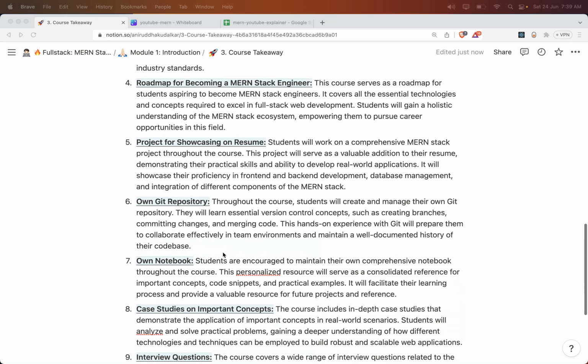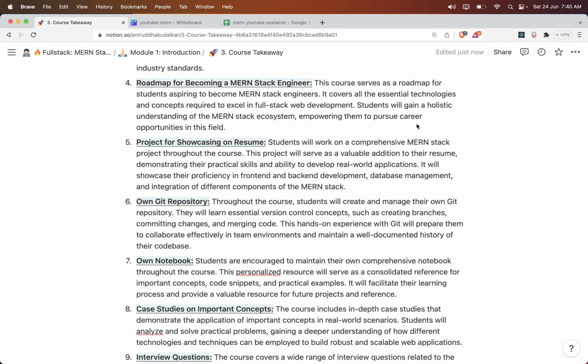Then the roadmap. When you talk about the roadmap, all the essential technologies you require, all the essential tools, all required utilities, we are going to cover in this, which will show you a clear road for becoming a full stack MERN stack engineer, right?